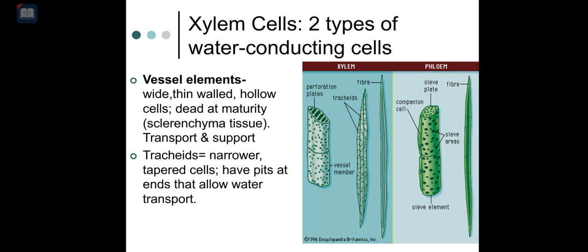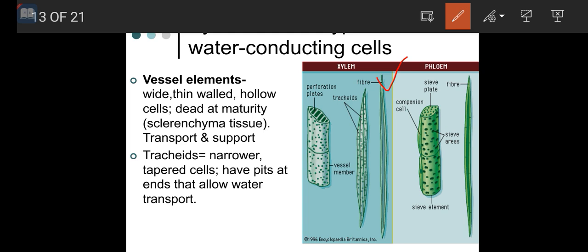Xylem cells: in the xylem there are two types of water conducting cells. We have seen fiber, which is found in phloem also. Then the tracheids. This is the sieve plate, the vessel member, with perforation plates. In phloem we have the companion cell and sieve elements.